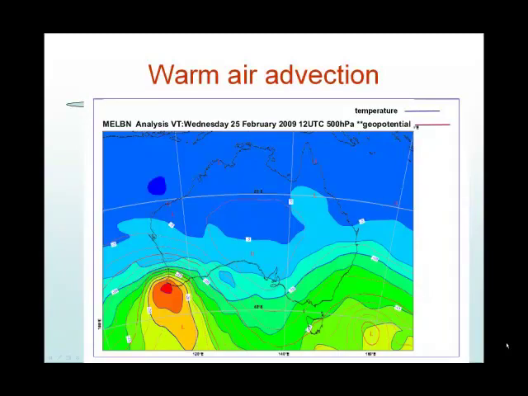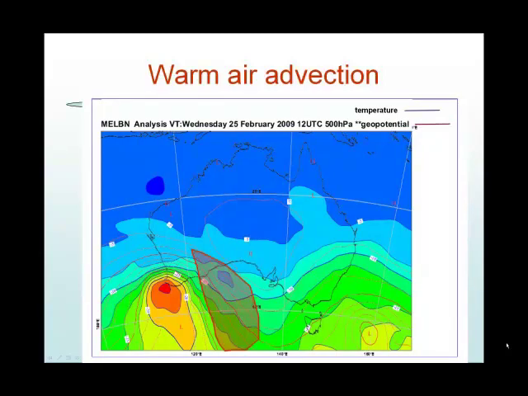Here now is the same picture at the same time for 500 hectopascals. So it's the height of the 500 hectopascal surface, and the heights as they change as you move north and south are shown in the brown, and the temperature lines are shown in the blue, but also shaded, so that the red is the coolest values and the blue is the warmest values. You can see that there is a feature off Western Australia that's associated with very cold values.